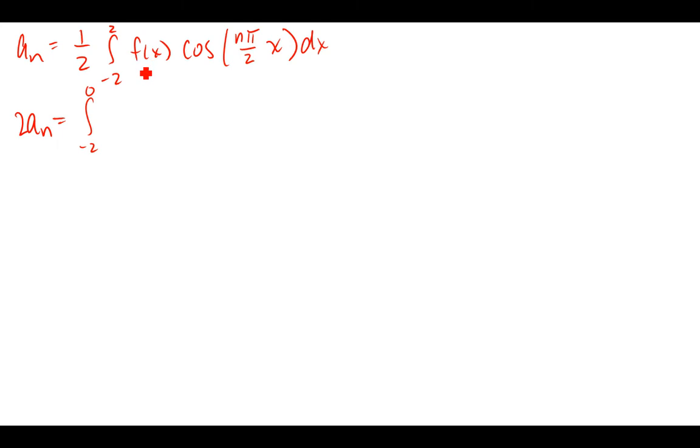And the reason being that I can then say, oh, from negative 2 to 0, this behaves like negative x, f of x, right, is negative x cosine. And on the 0 to 2 side, it behaves like regular x.